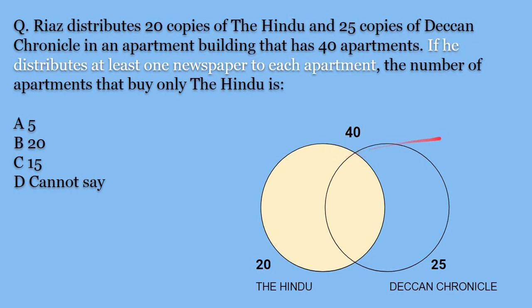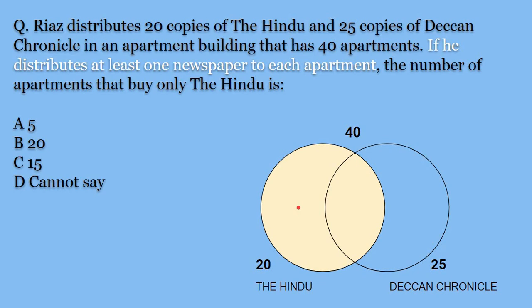Now we have to distribute Deccan Chronicle. First let us distribute 20 Deccan Chronicles to the leftover apartments. Okay, so we will be left with 5. Now all the 40 apartments have newspapers. So we will now give Deccan Chronicle to those apartments which have the Hindu.